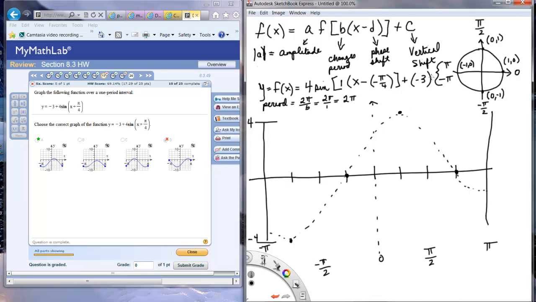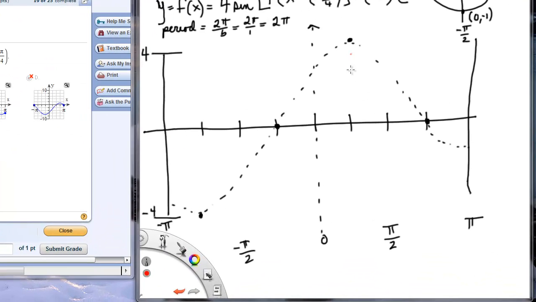Now I'm going to apply the vertical shift of negative 3. I'll just do that by 1, 2, 3. It's roughly 1, 2, 3, 1, 2, 3, 1, 2, 3.